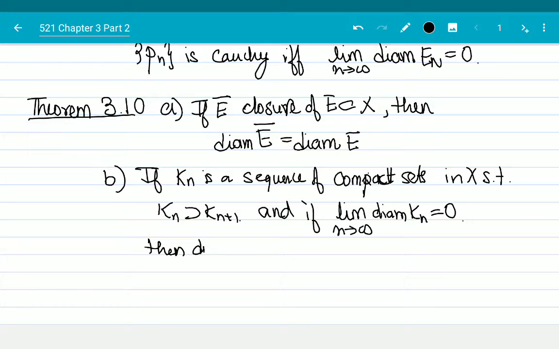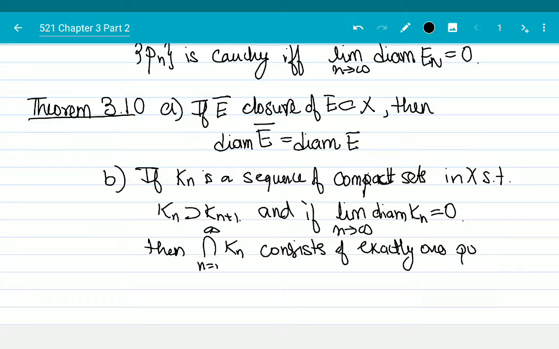Then the intersection from n equals 1 to infinity of Kn is not empty, but in fact it consists of exactly 1 point. Okay. Proof of part B is really trivial. I will just mention it.